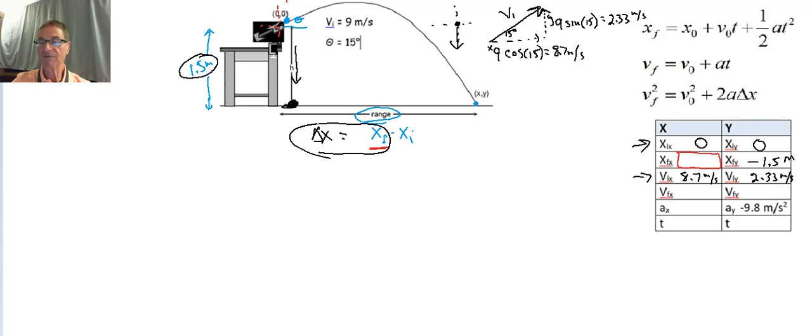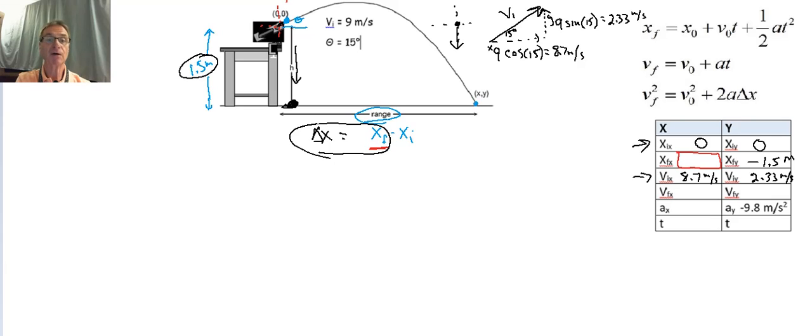Do we know v final in the x direction, or the final velocity in the x direction? Well, keep in mind that the velocity in the x direction is initially provided by the launcher. There are no other forces in the x direction on our projectile, and so there is no acceleration in the x direction.